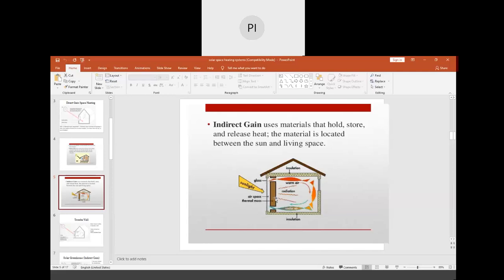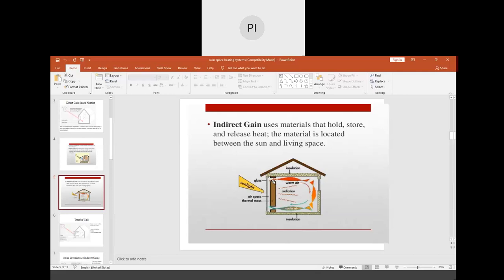Thermal mass is a substance which stores thermal energy for a long time. Here, first the sun rays are incident on the glass plate, and the glass transmits those sun rays through the air. First the air is heated up by the solar radiations. Then the thermal mass absorbs those thermal radiations and keeps them inside it.